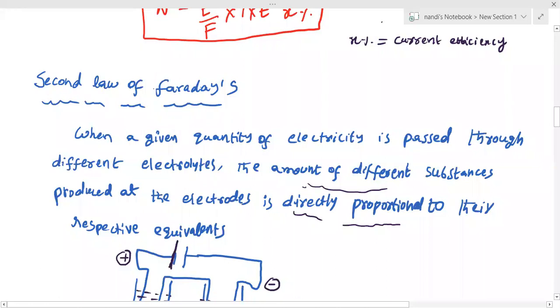When a given quantity of electricity is passed through different electrolytes, the amount of different substances produced at the electrodes is directly proportional to their respective equivalents. Please note down this three-line sentence.